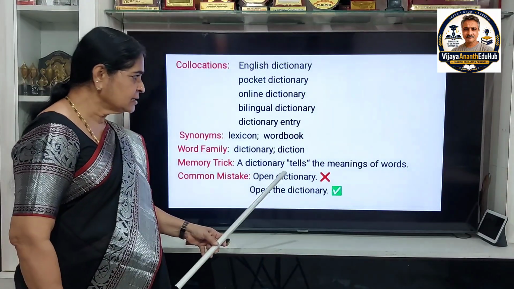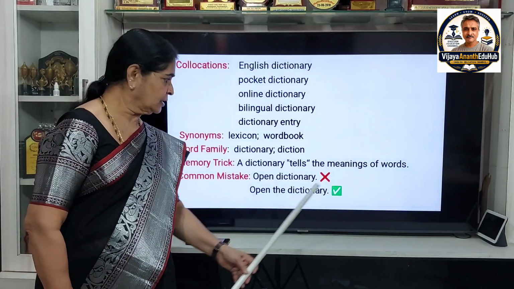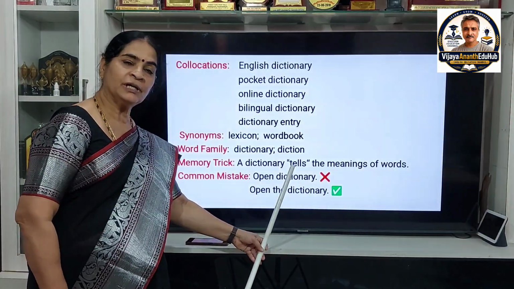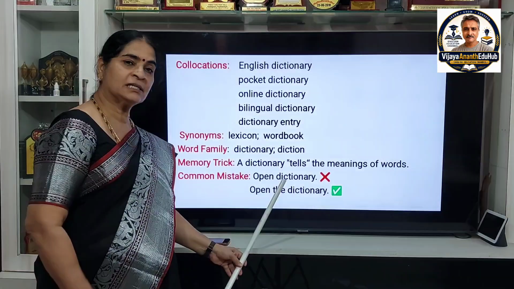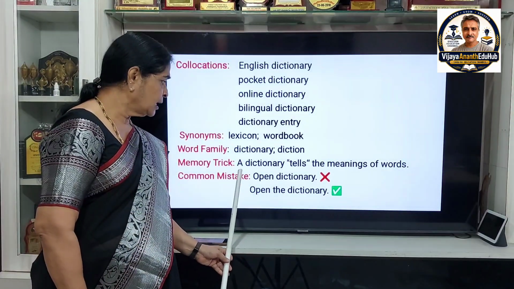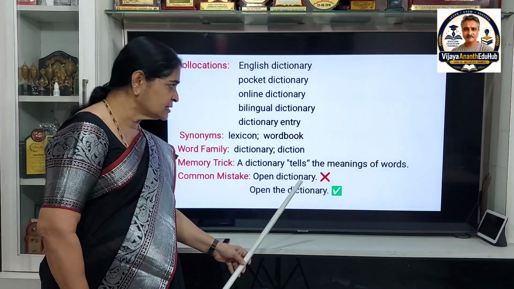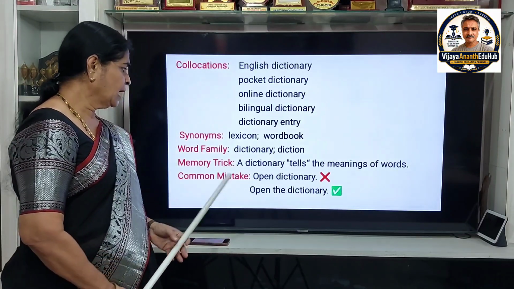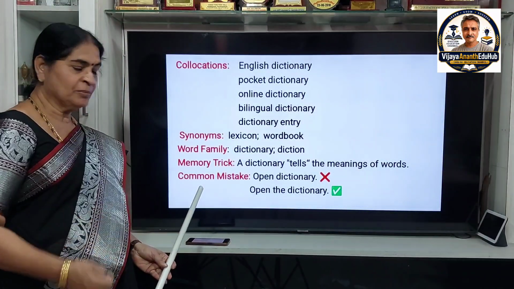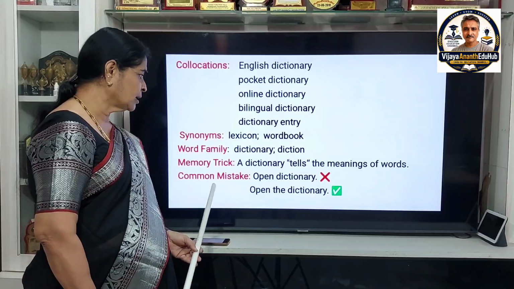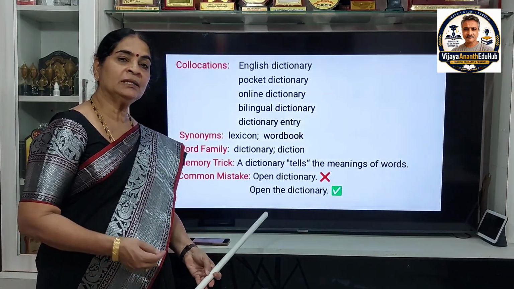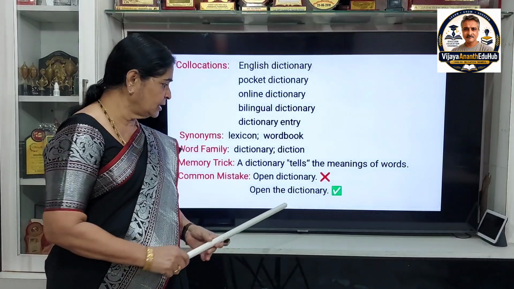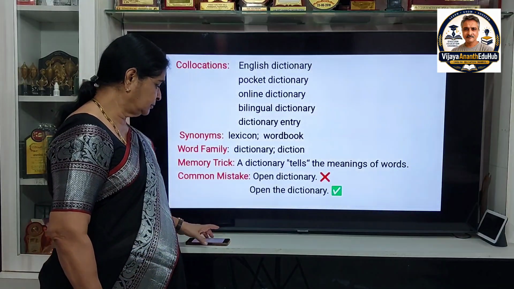A dictionary tells the meanings of words because it has the root dict. Dict means tell, speak or say. And some common mistakes committed are "open dictionary", it's wrong. "Open the dictionary", it needs the article the.